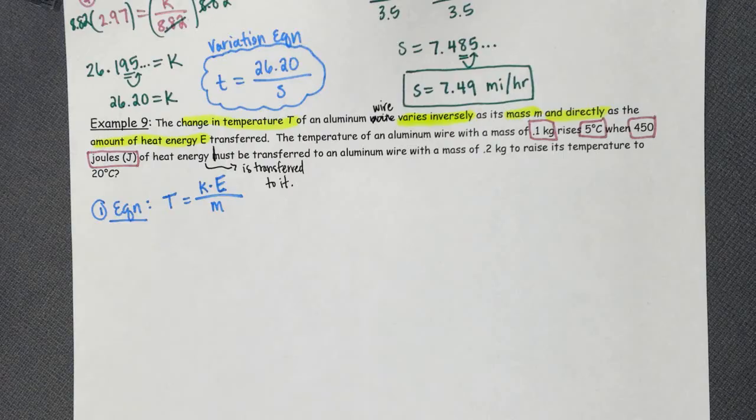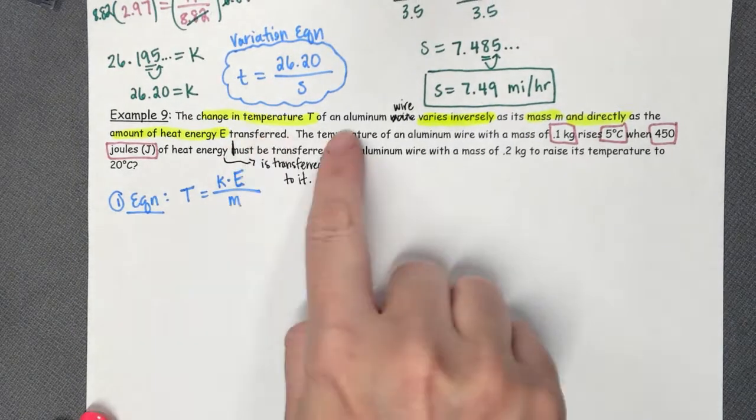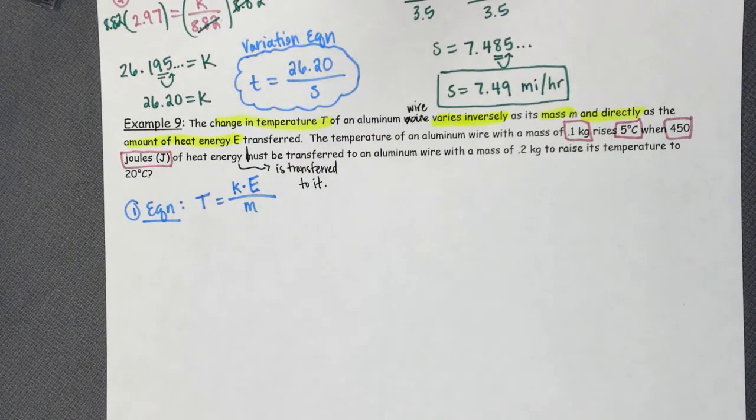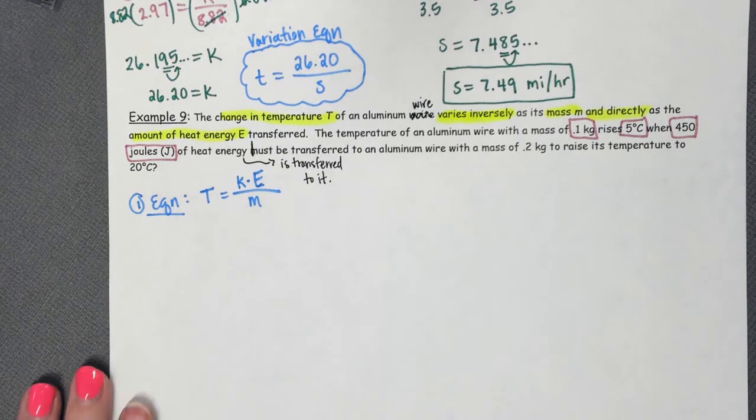Okay, so that should be the end of that sentence. So a mass of 0.1 kilograms rises 5 degrees Celsius when 450 joules of heat energy is transferred to it. Okay, so that's enough information for us to find K, and then this part is missing the first part, so I'll give that to you as well.